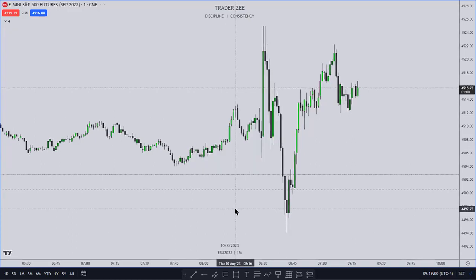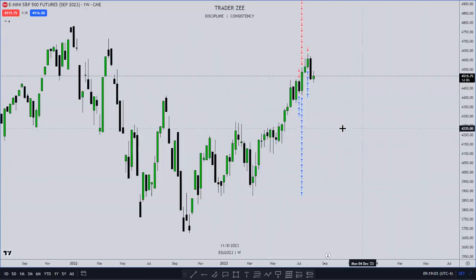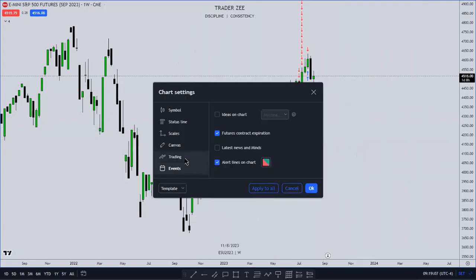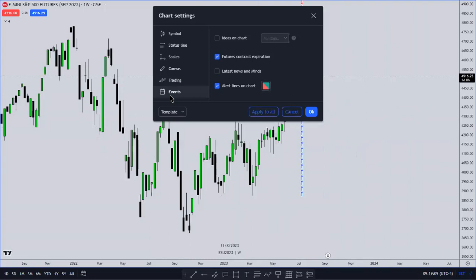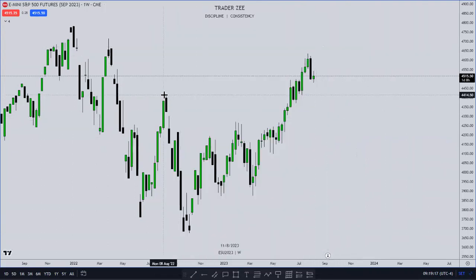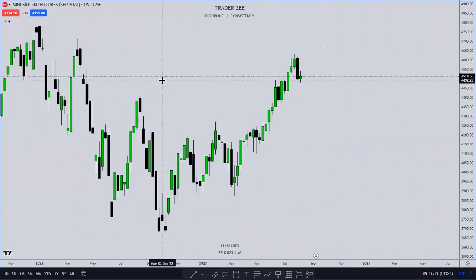Let's go to the weekly chart for E-mini S&P 500. So it's all clear now because I'm back after a very long time. So I'm going to remark everything that I was watching.